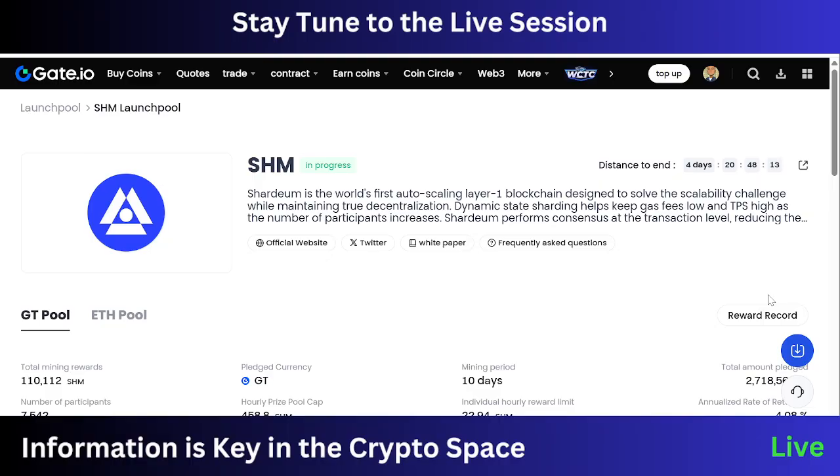We've been able to look into every detail about the project info and how to participate, which includes staking either GT or ETH.